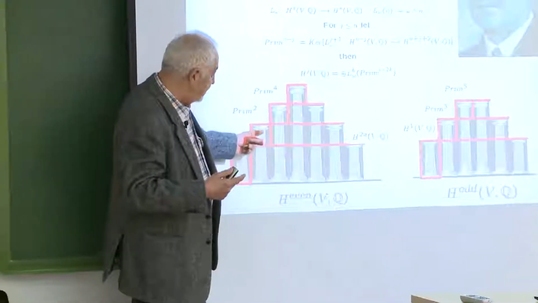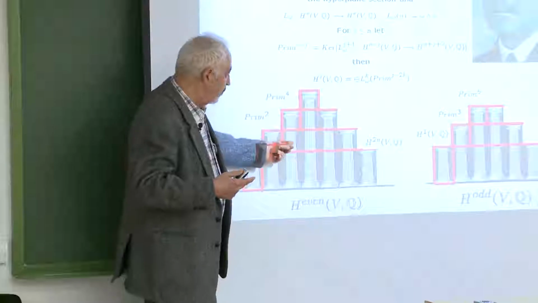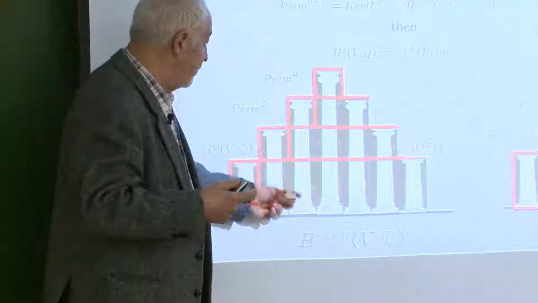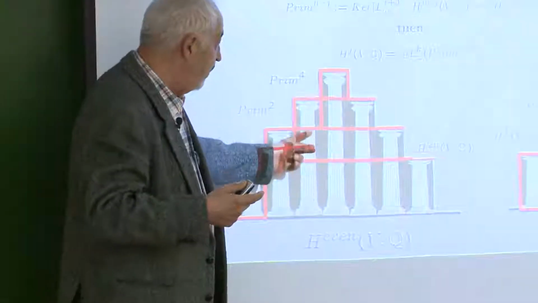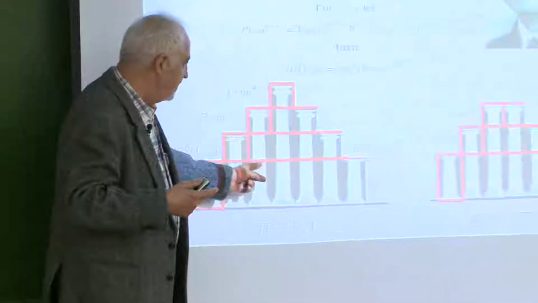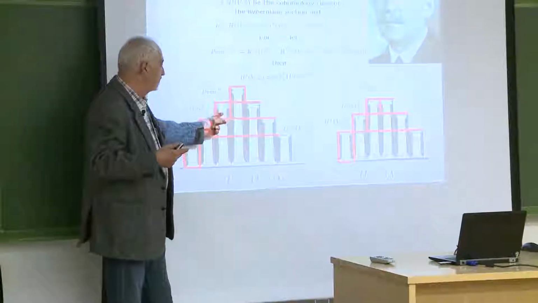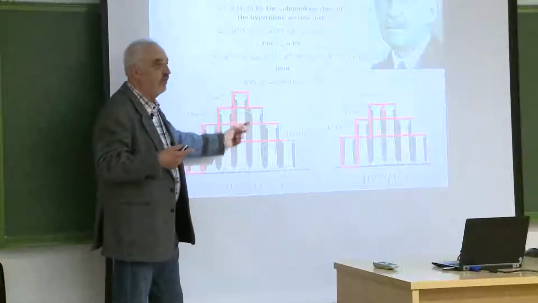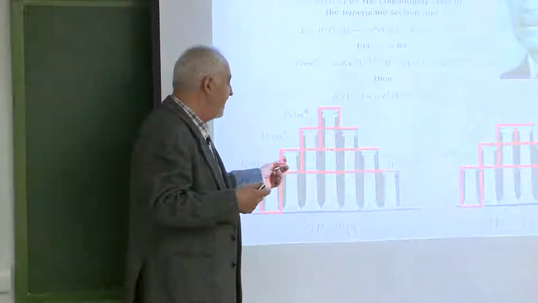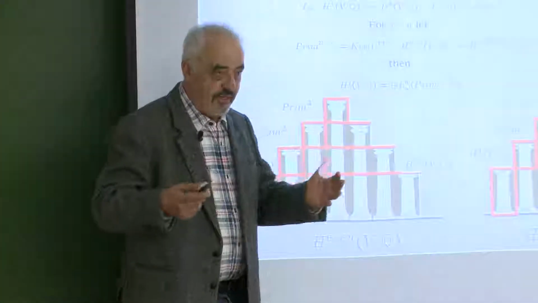And then when you have these codimension 2 cycles, you intersect with the hyperplane, and so you get codimension 4, codimension 6, codimension 8, codimension 10. And then when you arrive at codimension 4, you have the ones which come from intersecting with 2 hyperplanes. This is the one which is intersecting this codimension 2 with the hyperplane, and then you have the new ones. So these ones are called the primitive cohomology. And so this is the basic cohomology, and then the rest are obtained by this process of cutting with a hyperplane.